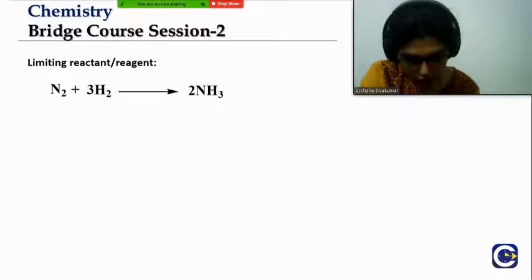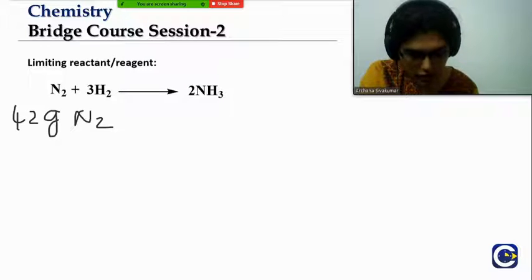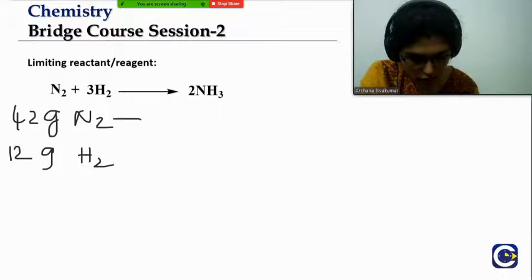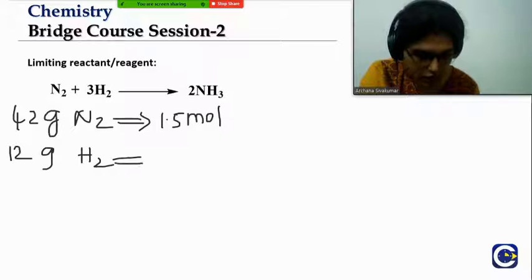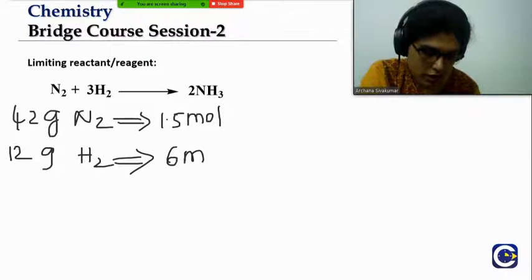So if we have to write it down in the given values, what did I do till now? They have given 42 grams of nitrogen and 12 grams of hydrogen gas. I converted it and got 1.5 moles here and 6 moles here.